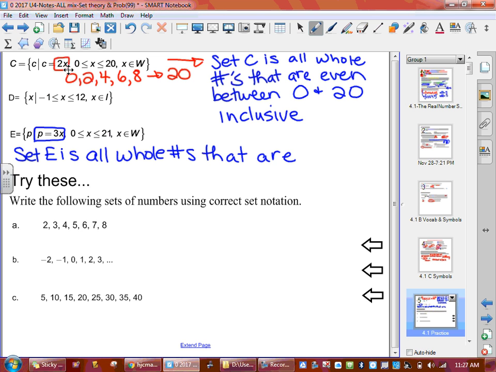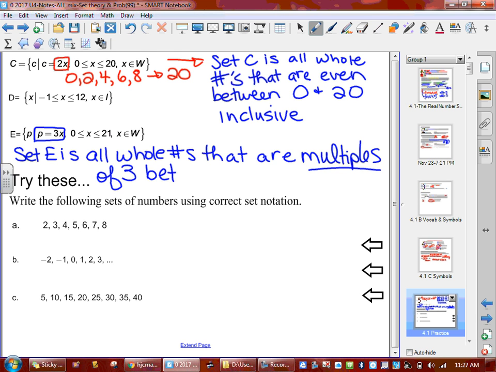Does it have to be odd or even? No, we call this multiples of 3.